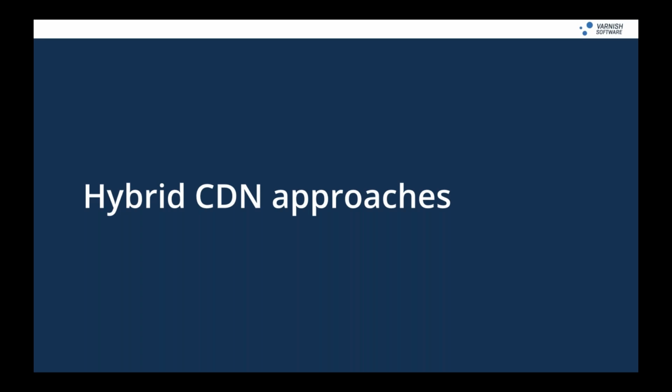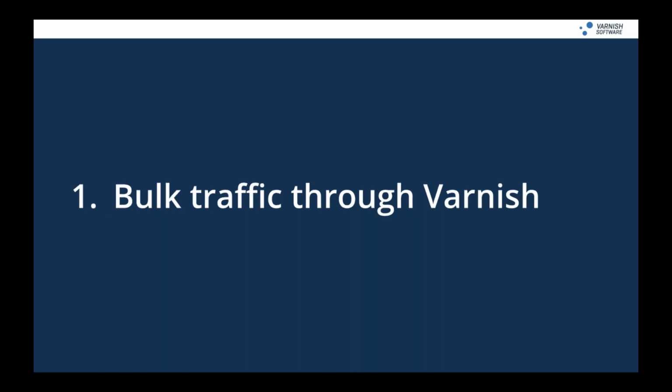So we need to take it step by step, and usually a hybrid CDN approach is the best way to proceed, to either decide in the end to move away from the commercial CDN or to adopt a hybrid approach as well. So why would you do it?